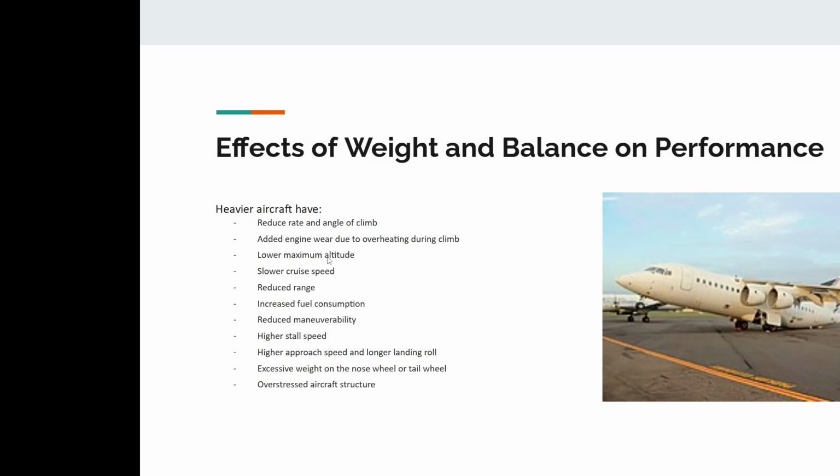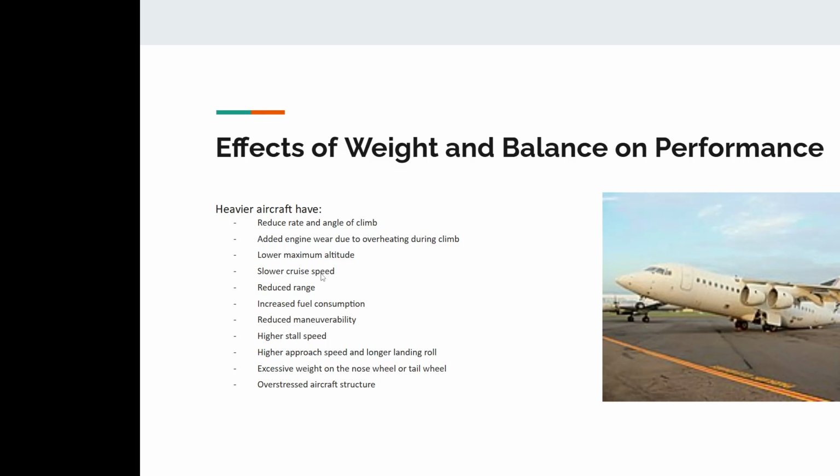Lower maximum altitude, so you're not going to be able to climb to the same max altitude, whereas with a lighter aircraft you will. Slower cruising speed, right? The heavier you are, the more thrust you're going to need to achieve the same speed that you would at a lighter weight.